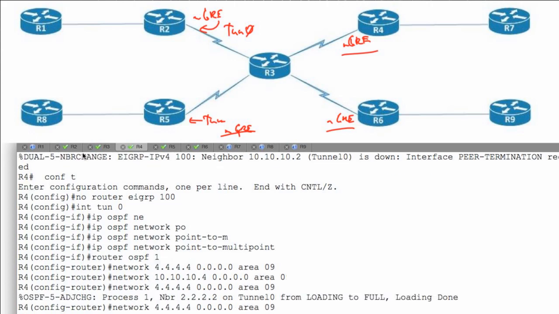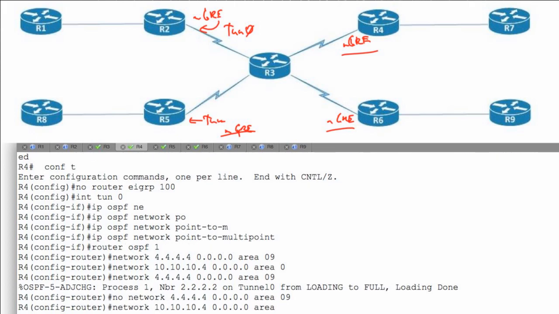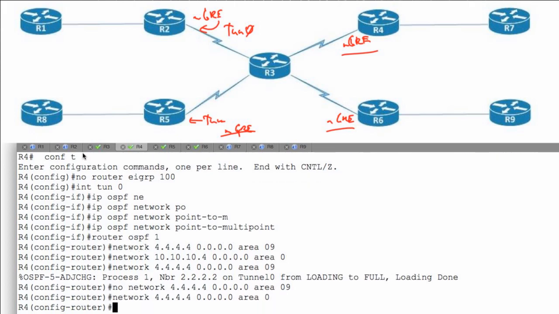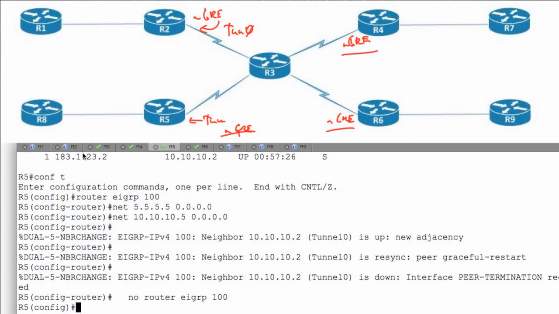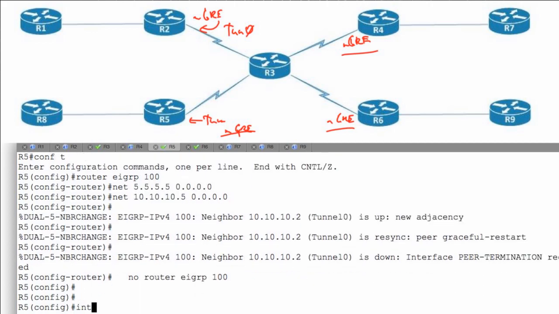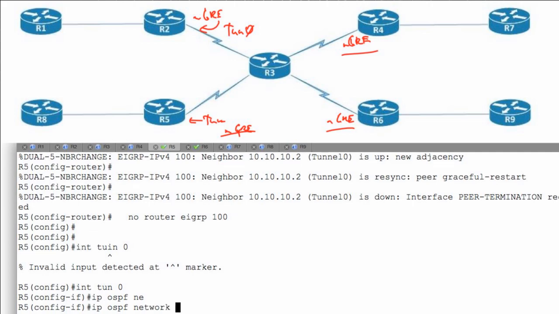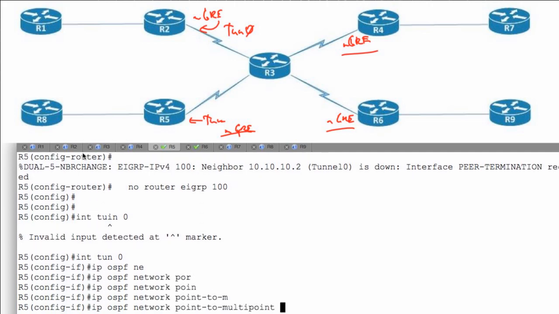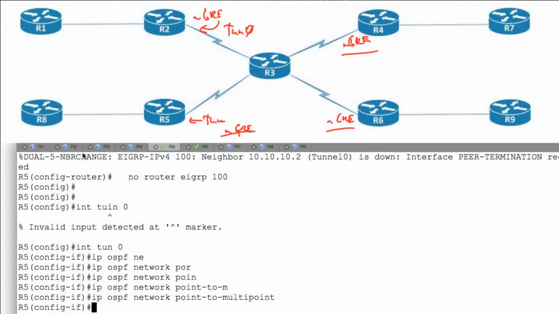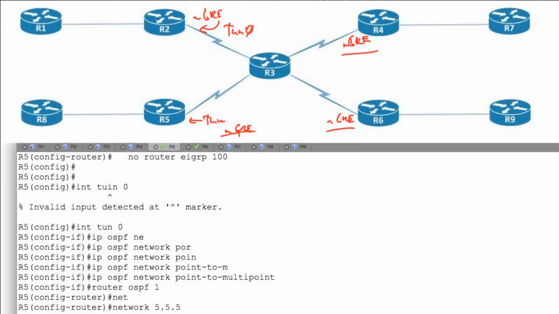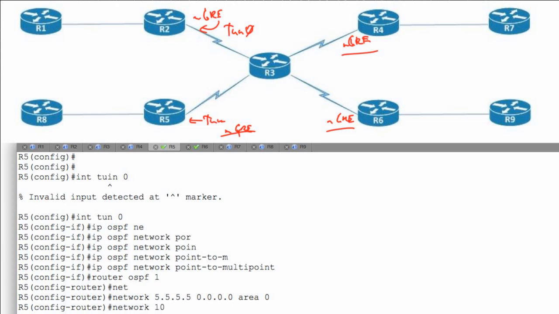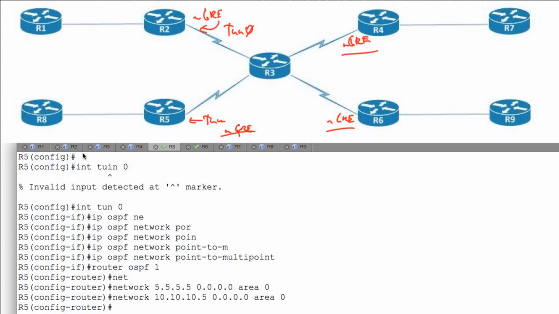Oops, messed that up, didn't I? There we go. Now R5: router OSPF 1, network 5.5.5, area 0, and network 10.10.10.5, area 0.